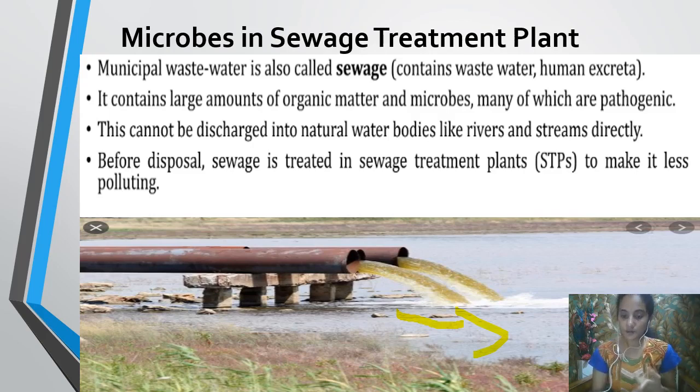If you treat the water before it gets into any of the river bodies, then your water bodies will be less polluted. That is one of the major things we have to do, because while studying geography we have seen the government started the Ganga Action Plan and Yamuna Action Plan so that pollution can be reduced.